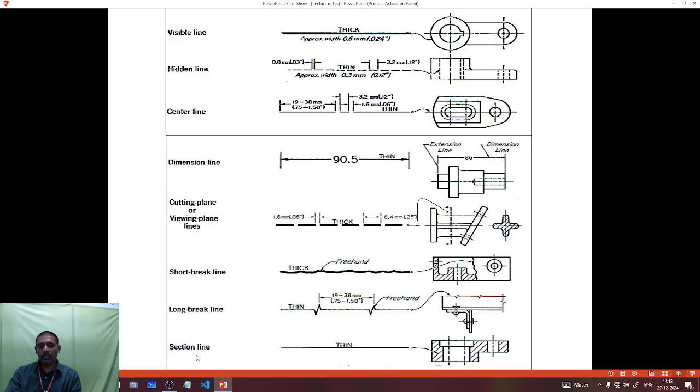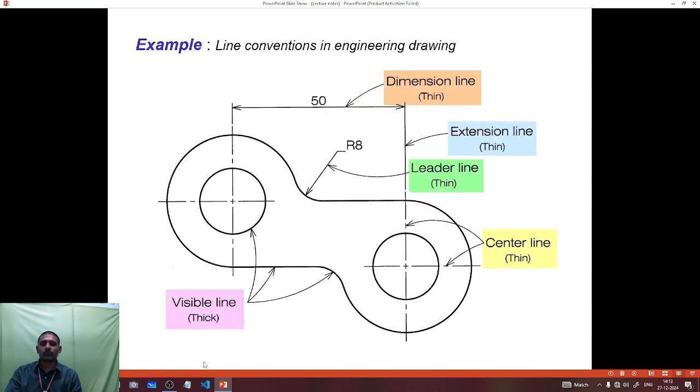Similar to the short break line are the long break line and the section line. See the image of some examples of dimension line, extension line, leader line and center line. This is a typical image showing all the line examples. The thick line, the major thick line, is a visible line, and the dimension line shows 50 mm.